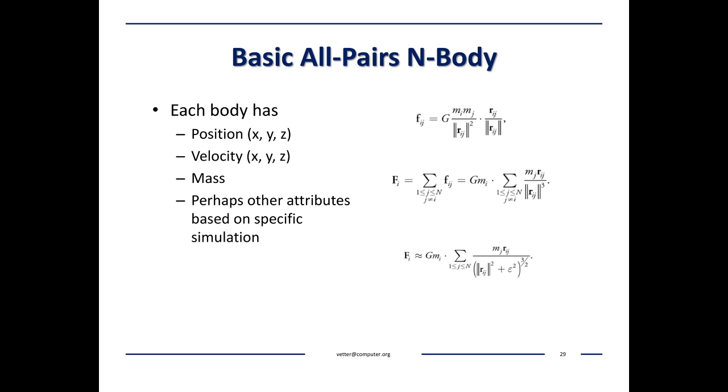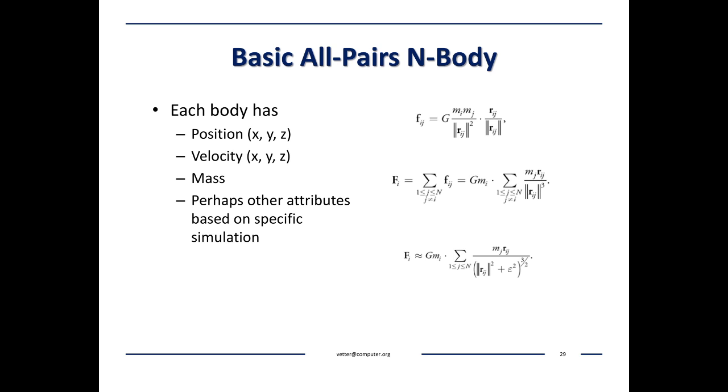Now when you think about that, one thing you could do is just put all the particles in global memory and have the threads access those particles to do something like this summation that we're talking about here for each particle and each force.